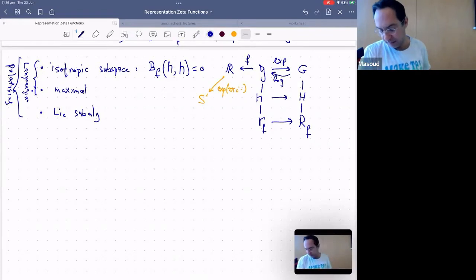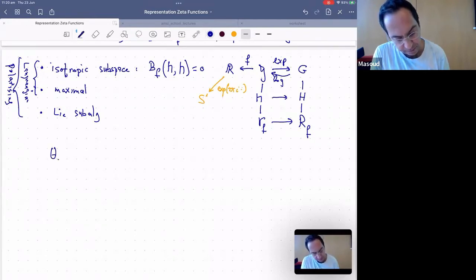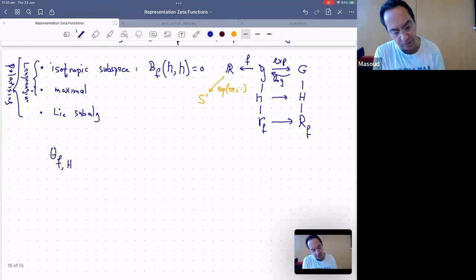Something is wrong in the directions. Okay, it should be okay, but I now want to define a character of H. So theta_f,H. So just remember, we made many choices here.